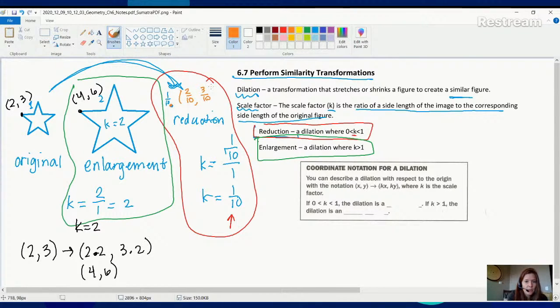I took 2, 3 and multiplied each one by 1/10, and my new spot right there would be 2/10 and 3/10 if I was doing a reduction. And then if you want to fill in the blanks here, we already talked about this: if k is less than 1 but greater than 0, the dilation is a reduction. If k is greater than 1, the dilation is an enlargement.